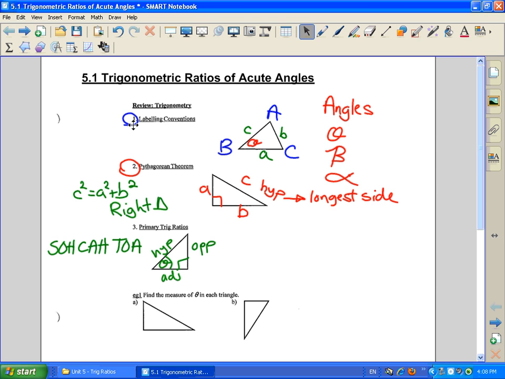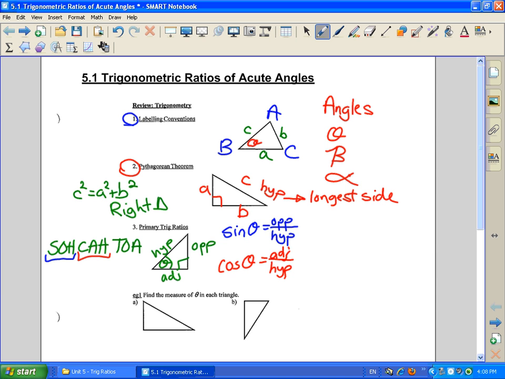So our three trig ratios, the first one, is sine. Sine theta equals the length of the opposite side divided by the length of the hypotenuse. The next one is the cosine. Cos theta equals the adjacent side over the hypotenuse.